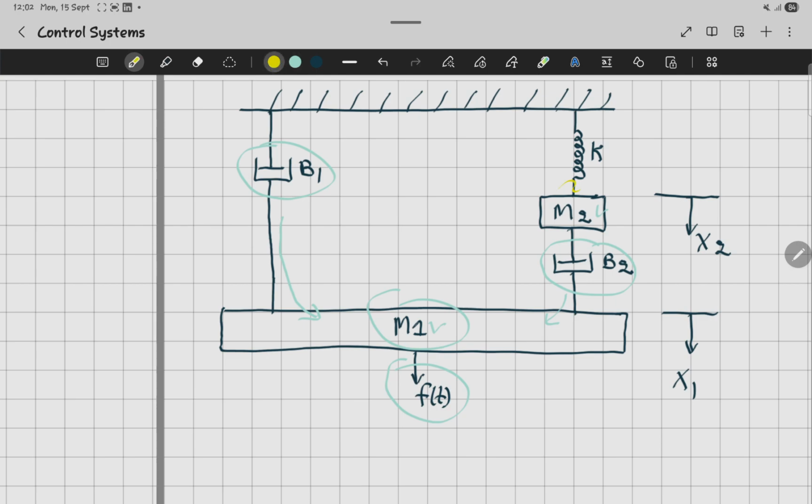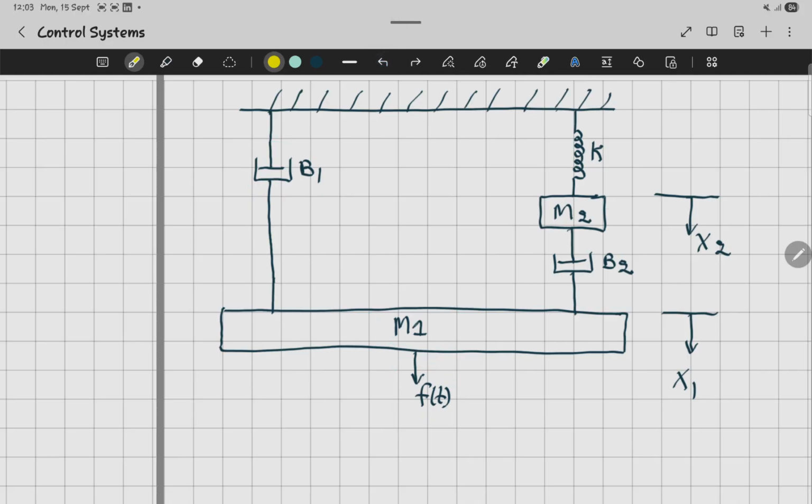And the second equation is gonna be this mass plus the sum of these two components because they are the ones connected to that mass. So I'm going to separate them so then you can see what I'm trying to say.